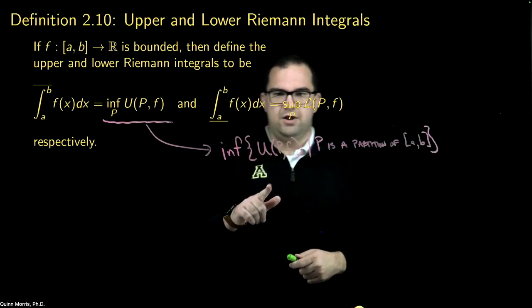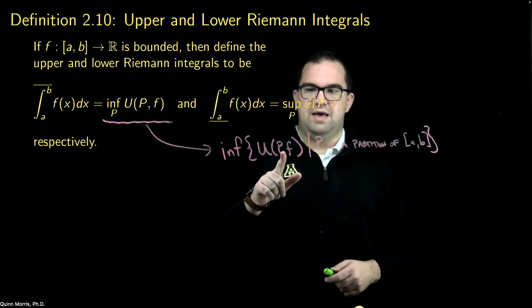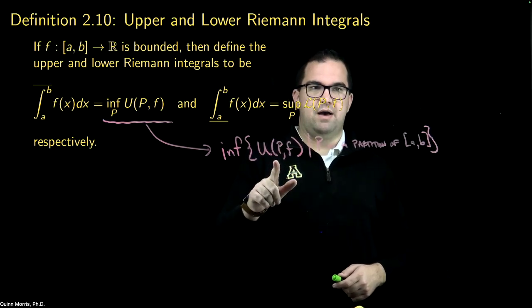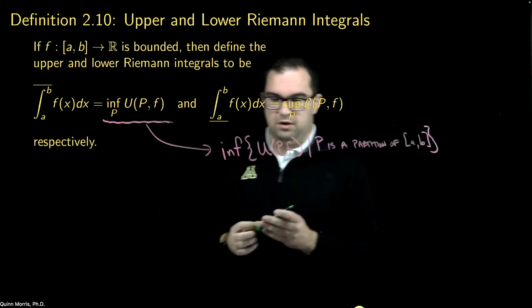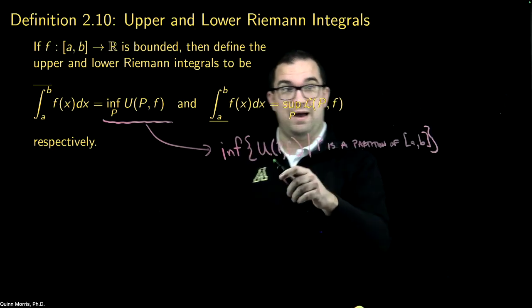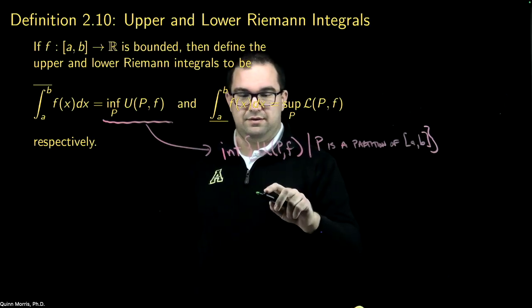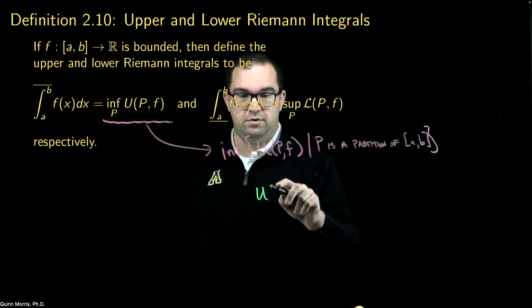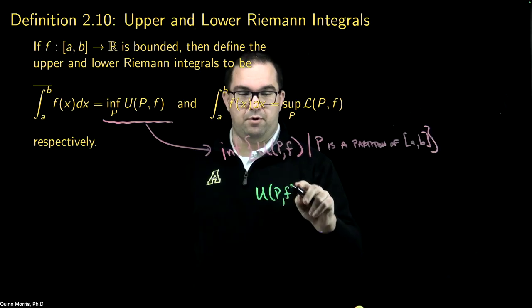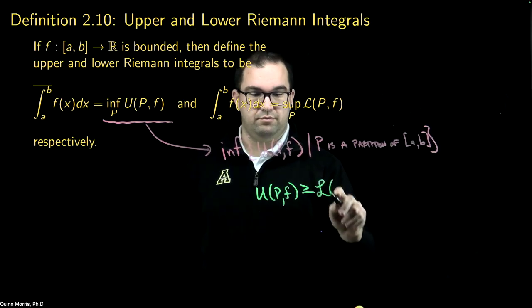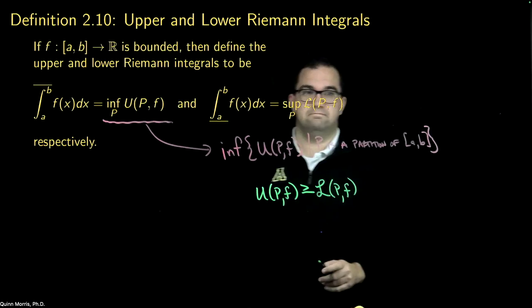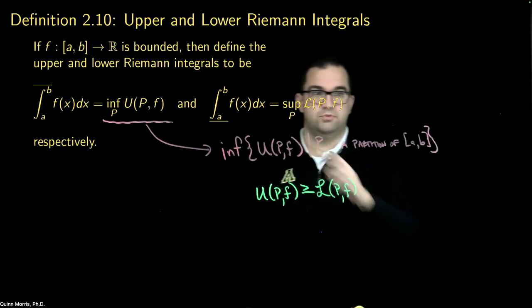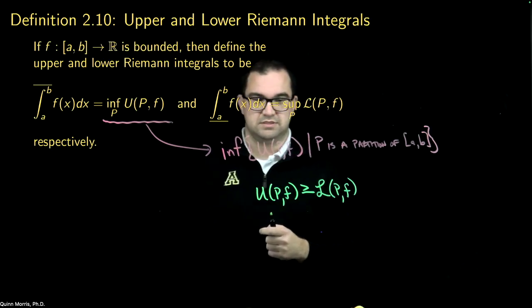How do I know that this set is bounded below? Well, one of the nice facts about these sums is that U(P, f) for any partition is greater than or equal to the lower sum. That's using the first fact of Darboux sums that we just looked at on the previous slide.